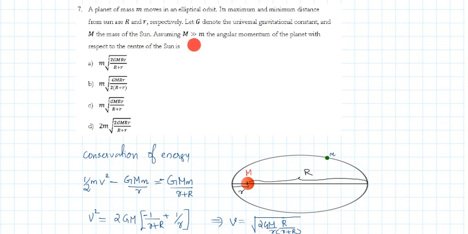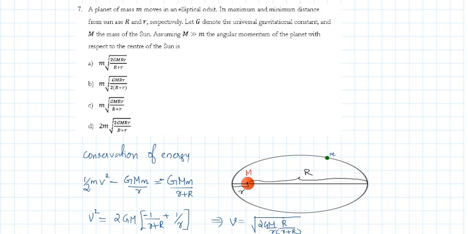Assuming capital M very much greater than small m, the angular momentum of the planet with respect to the center of the sun is. So our aim is to find the angular momentum of the planet with respect to the center of the sun. Angular momentum is always defined with respect to some point, with respect to some reference. Here it is the center of the sun.